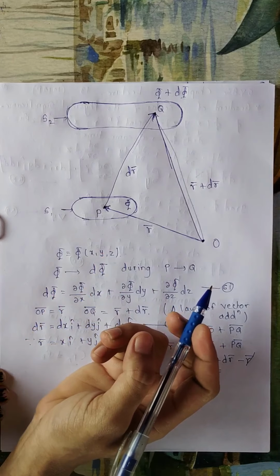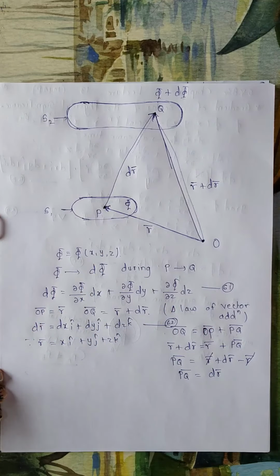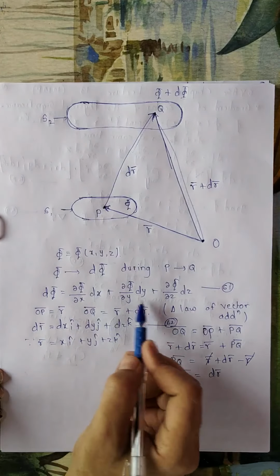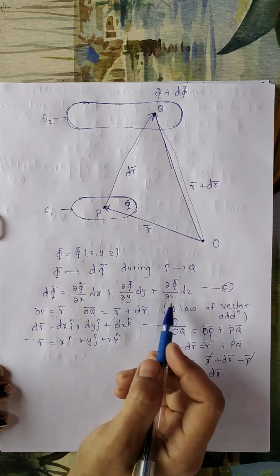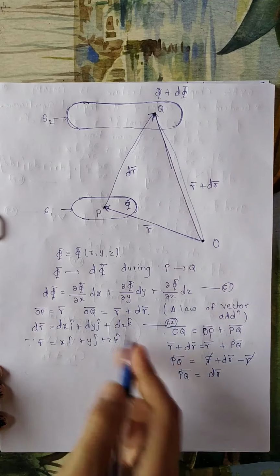Now if we consider equation number 36, in the previous lecture we discussed that, according to equation 36, the RHS of this equation is defined as the dot product of two vectors. This we have already discussed.